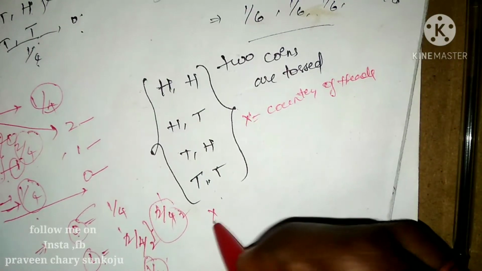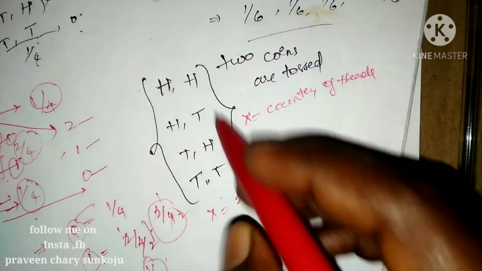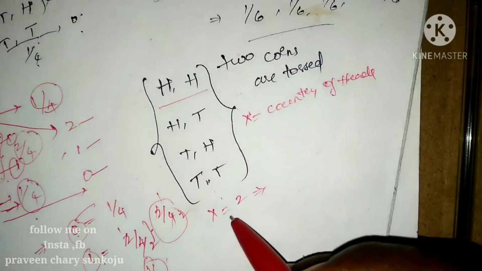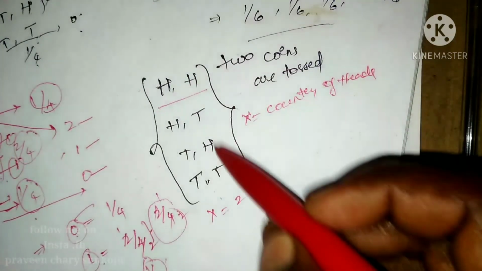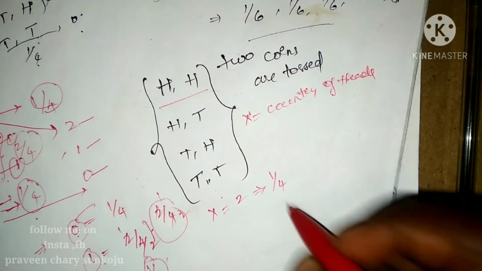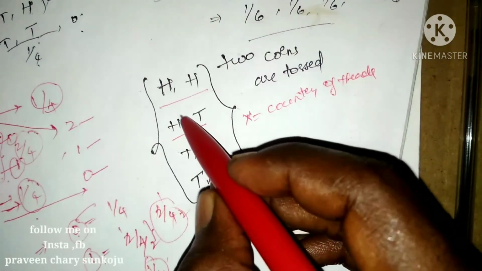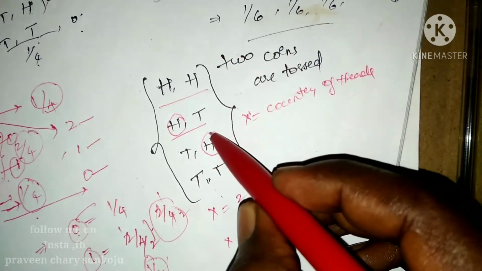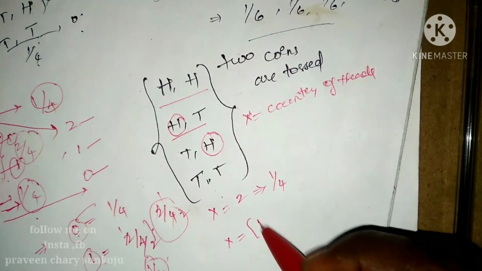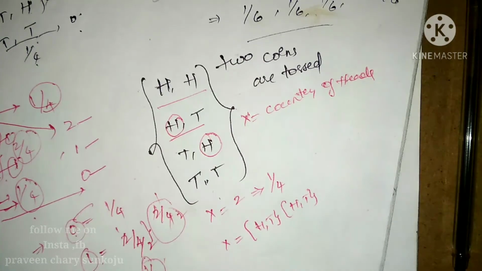Here for x is equal to 2 heads, this is 1 trial of 4 trials, that is 1 by 4. And we are having one head, and here also we are having one head, such that h comma t and t comma h.